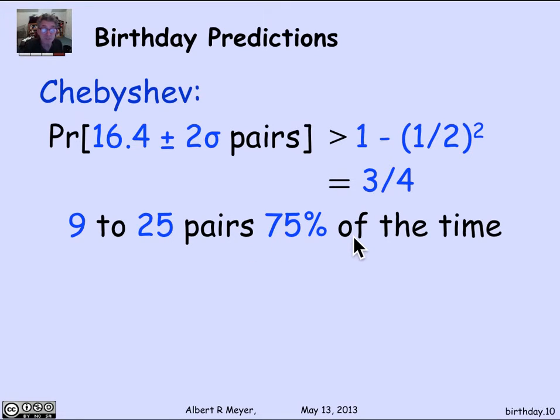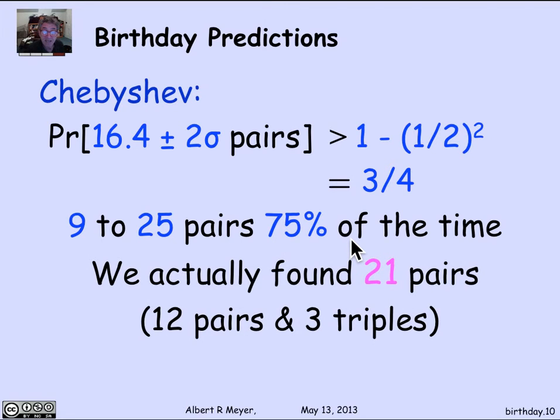So 75% of the time in a class of 110, we're going to find between 9 and 25 pairs of birthdays. Did that actually happen? Well, it did. In our class of 110 for whom we had data, we actually found 21 pairs of matching birthdays. Literally, we found 12 pairs and 3 triples, but each triple counts as 3 matching pairs.